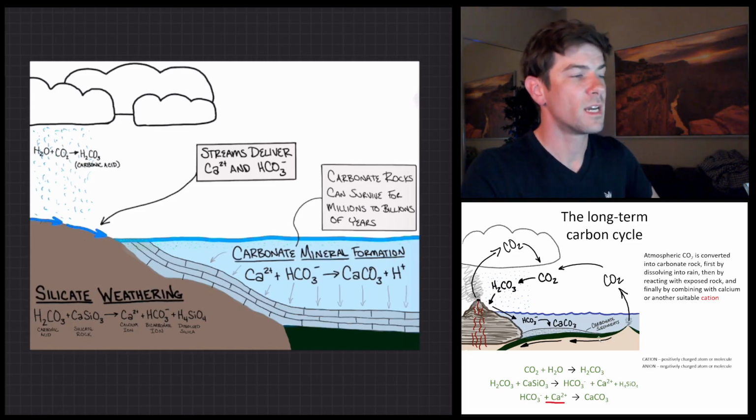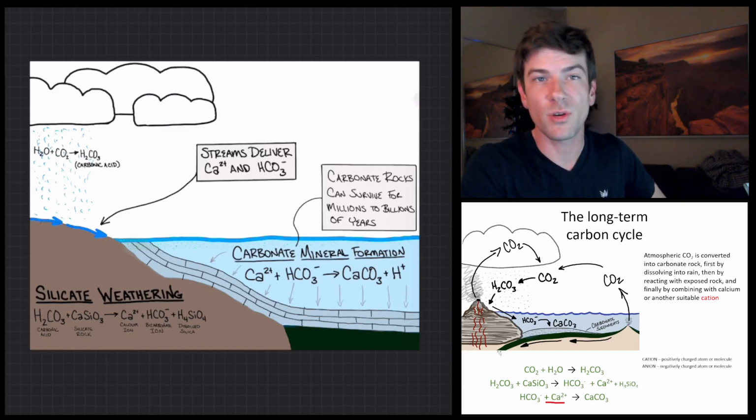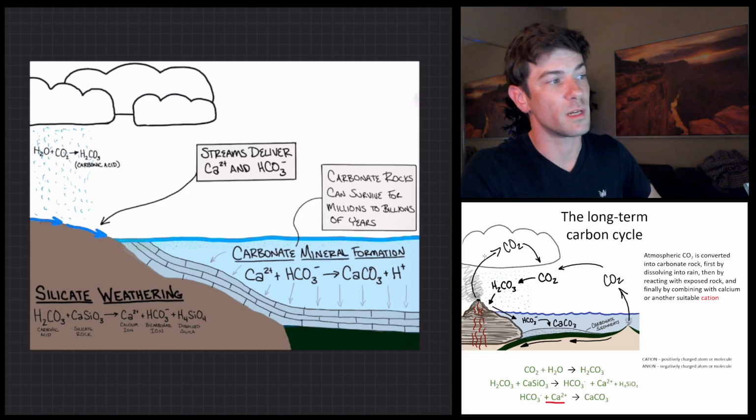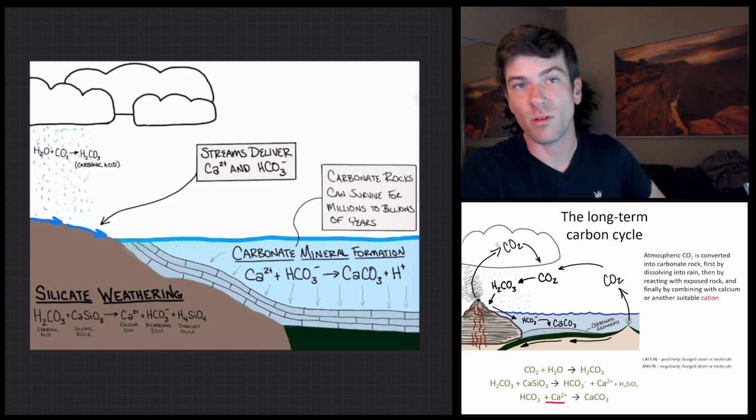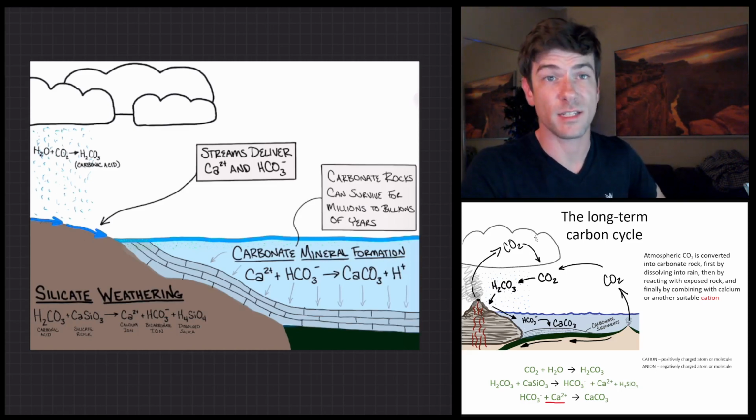Okay, that can stay stable for a long time until it's subducted or perhaps uplifted and eroded, but destroyed in some way, in which case most likely that material is going to be re-oxidized either through metamorphism or through volcanism, and re-released to the atmosphere as CO2. And so that completes our long-term carbon cycle here.